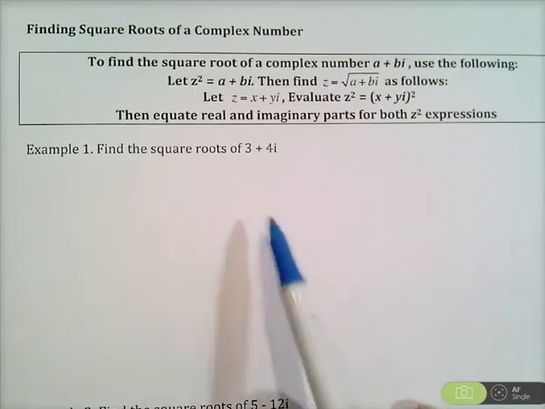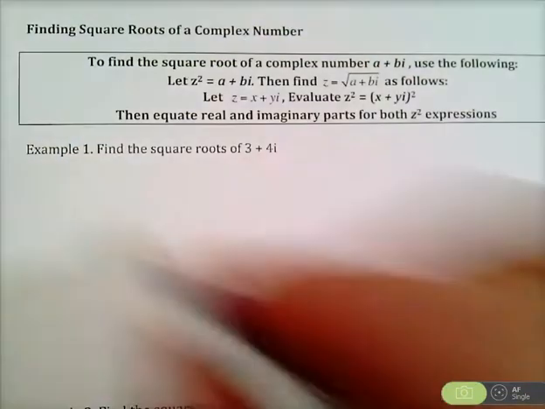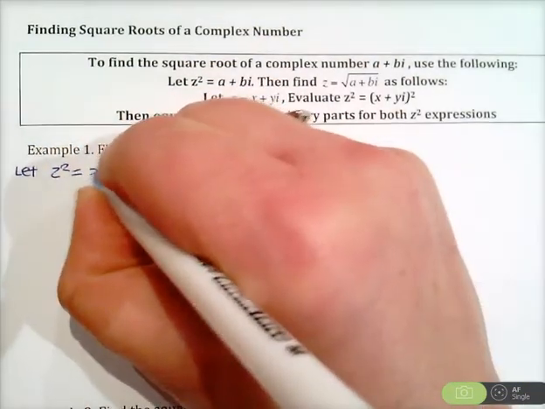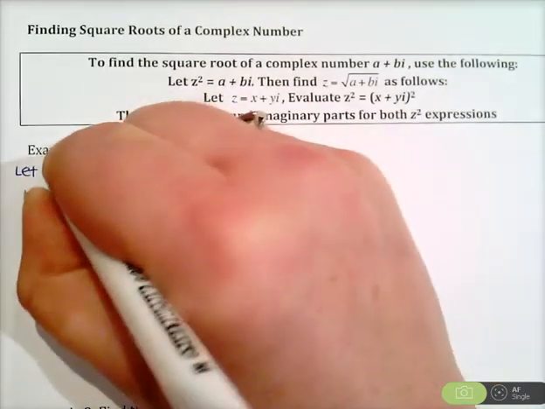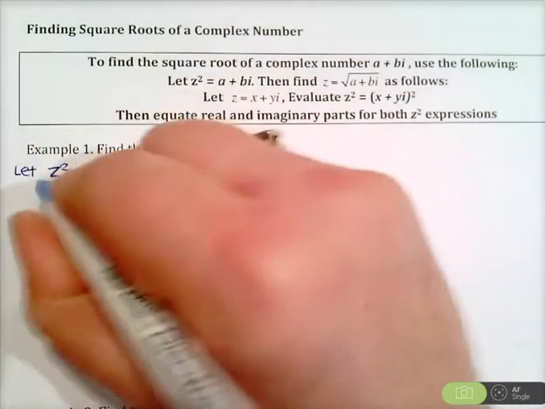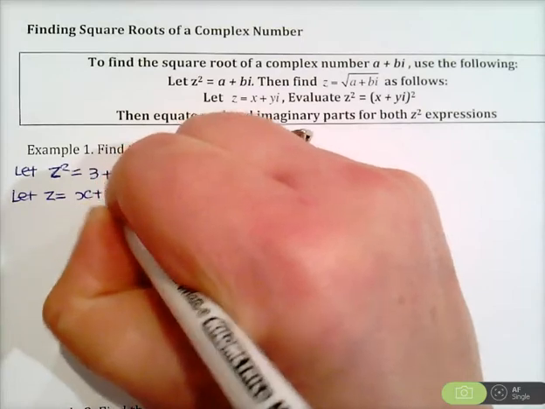So look, this is going to take a fair bit of room. We're going to need 2 columns again. Okay, so we will start by letting z squared equal 3 plus 4i, and we'll also let z equal x plus yi.